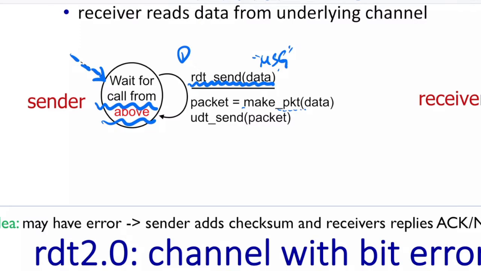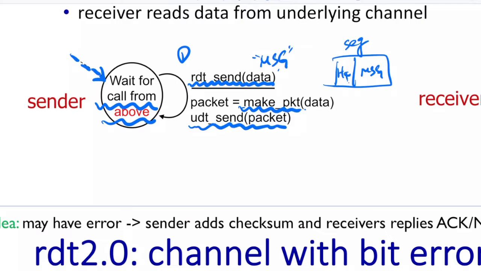So what is the action you should do? As we mentioned before, we have a segment. Here is the message, and we have layer 4 headers right here. The make_pkt right here means we'd like to create the segment, but we simply use the word packet. Then this layer 4 protocol will send the segment to the underlying layer 3 protocol.